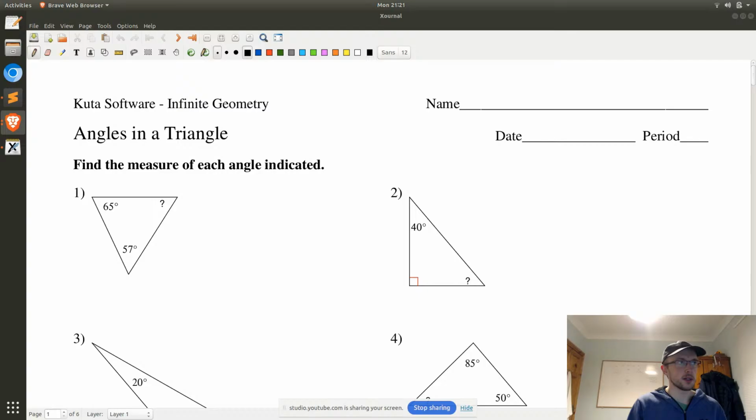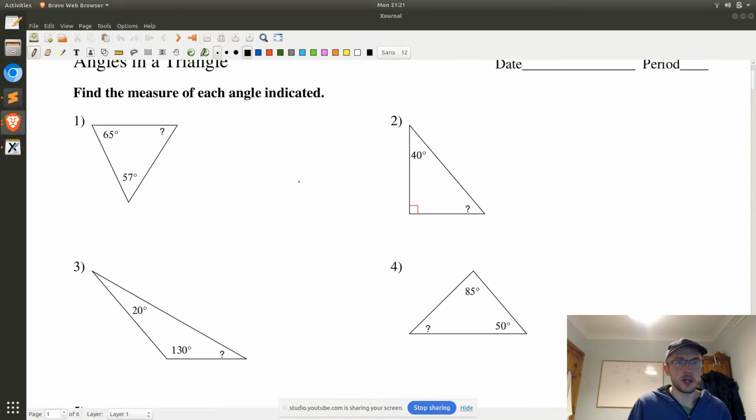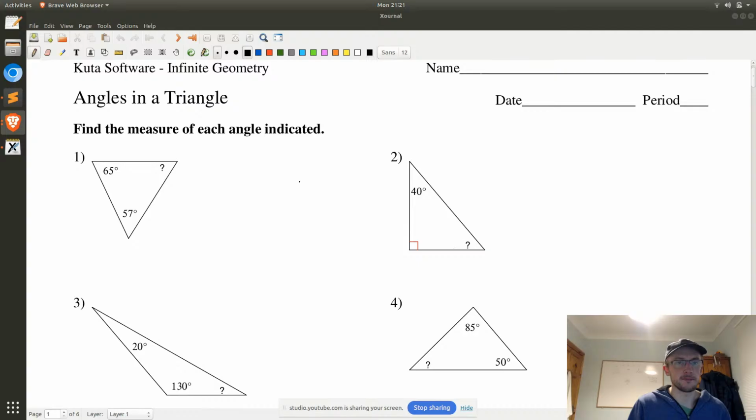Now, for angles in a triangle. Find the measure of each angle indicated. The crucial theorem here is that the interior angles of a triangle sum to 180 degrees.